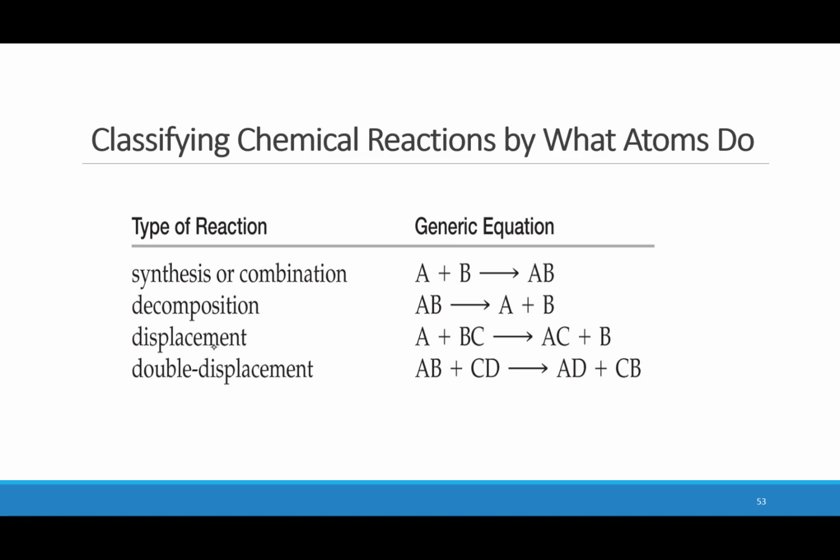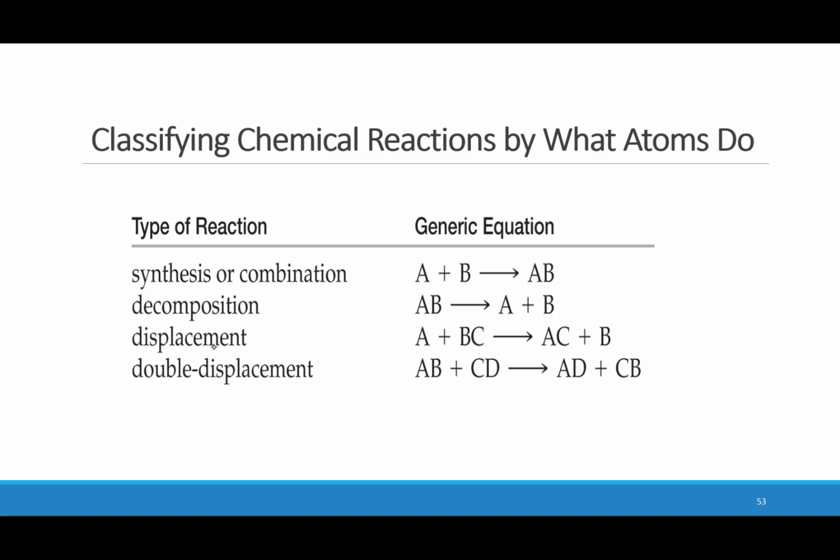When we have synthesis or combination, as you could see here, we are making a product. That means reactant A reacts with reactant B and it makes just one product. Decomposition means it's a separation of the product into the elements that it came out of.